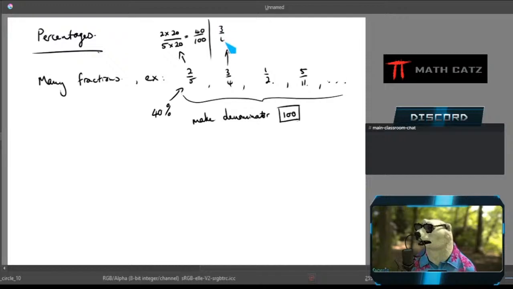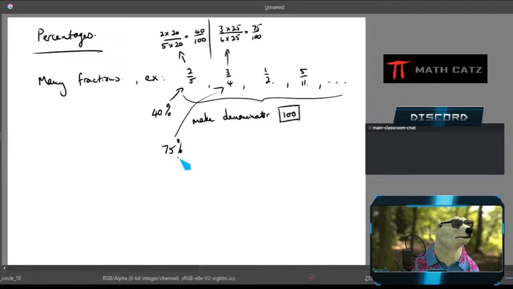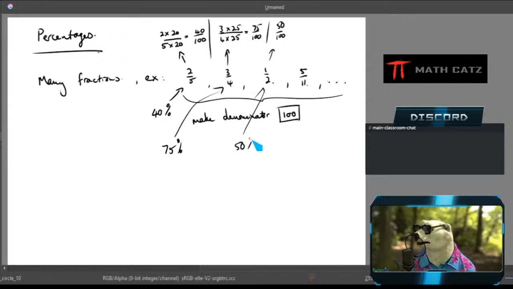We would have to go times 25, so I'd have to go at the top as well, and that would give me 75 over 100, 75%. Not too difficult in cases where I have a nice common factor to find. This one over here will be 50 over 100, obviously. Let's just write it over here, and that'll be 50%.